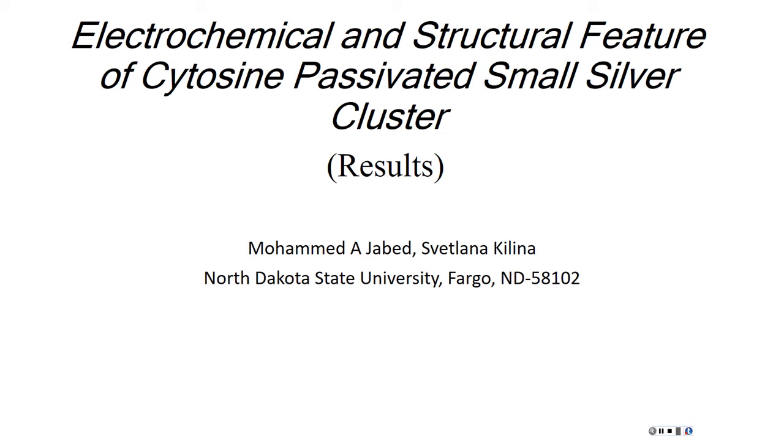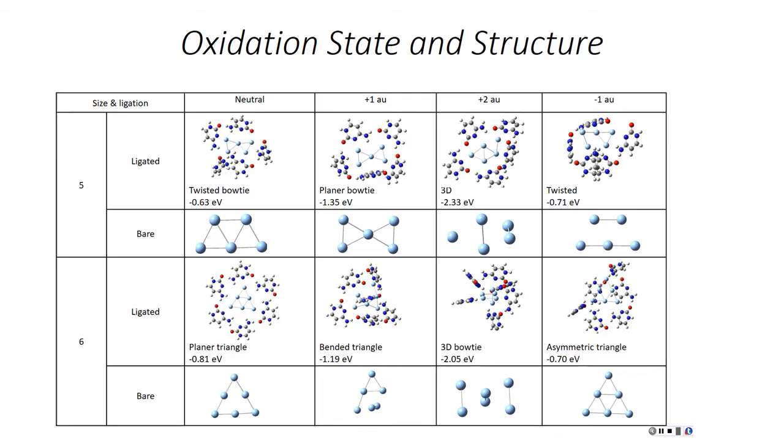That's why we considered very small silver clusters from Ag4 to Ag10, but it's a lot of data. So in the main paper, I plan to include most of the data as supplementary information. Here I'll show you the information for 5 and 6, which represents the rest.